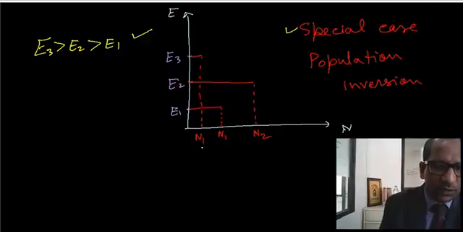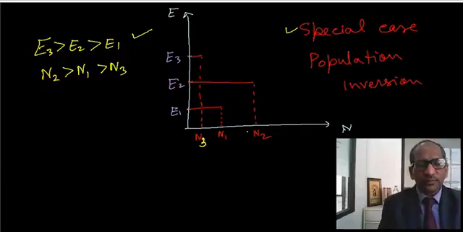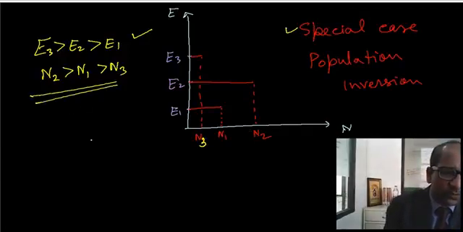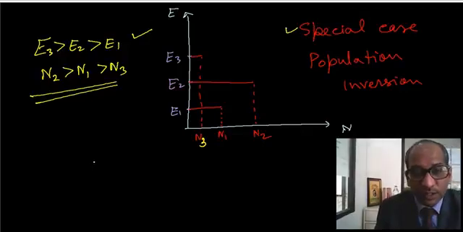But in terms of the number of atoms in the different energy states, and this is N3, here N2 is greater than N1 and N1 is greater than N3, right? And this is the requirement for stimulated emission, and from that we observe the laser light.